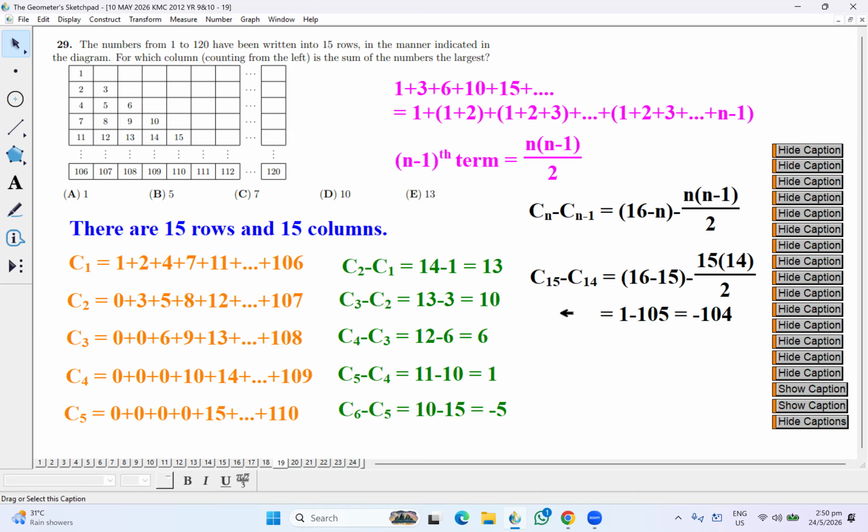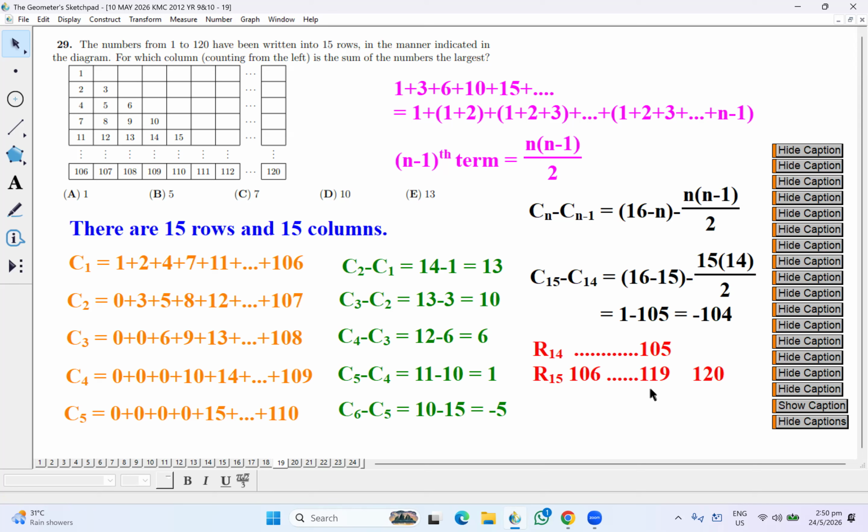So we can easily write out the last two rows. Row 14 is, because row 15, 106, the number will be 105. Then only jump to 106. Then here 120 is the last number. Second last number 119.